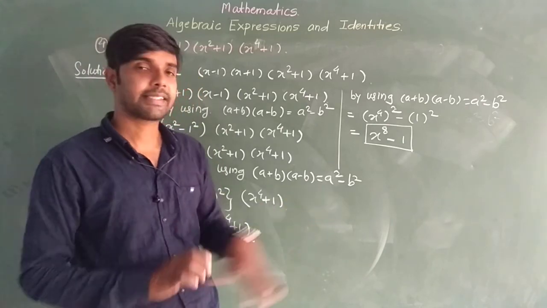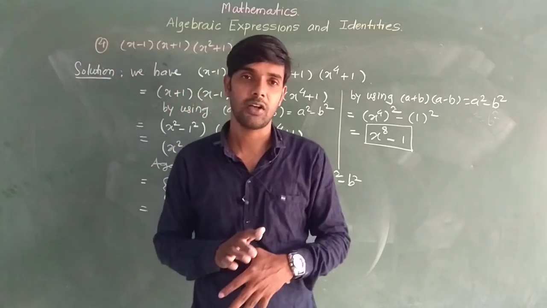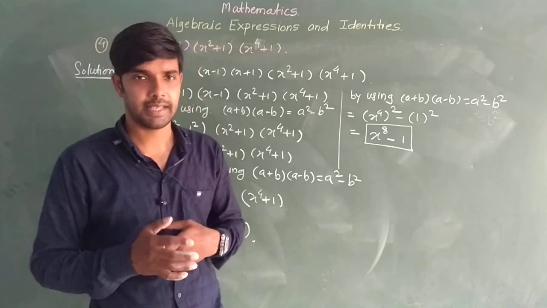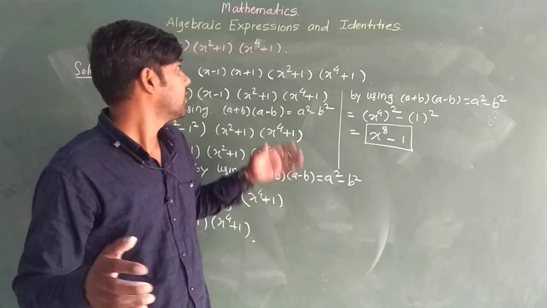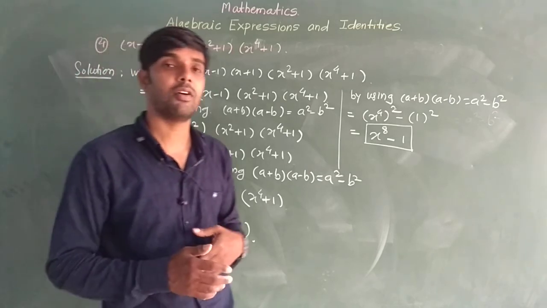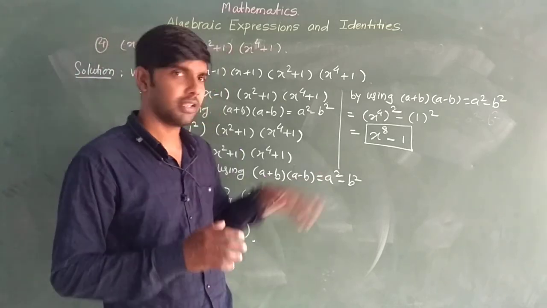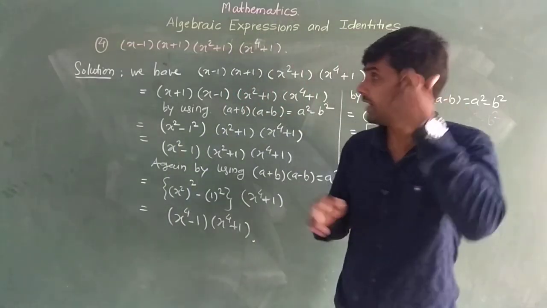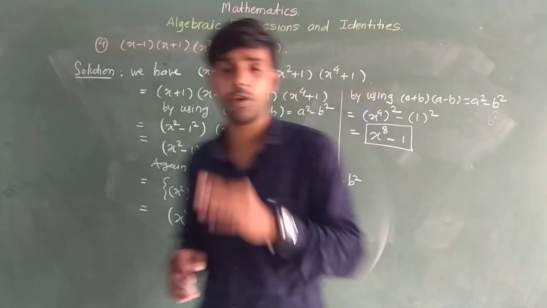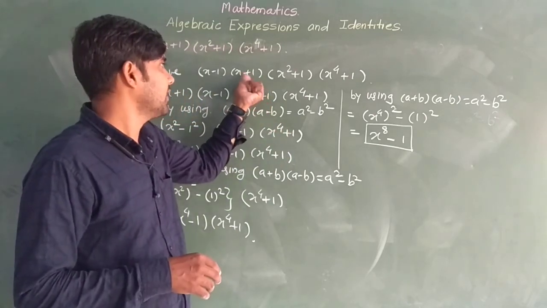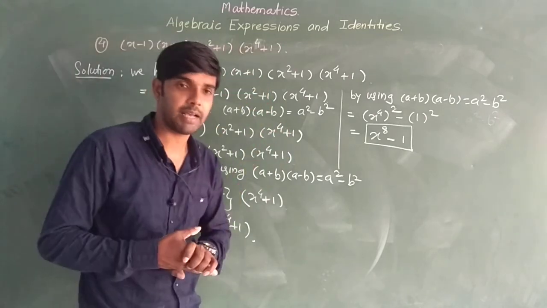Again, I will send the next exercise, whatever 6.7 or 6.6, some exercise I have already sent on your WhatsApp group, but you have to do one thing. Today we have seen these four types of examples.